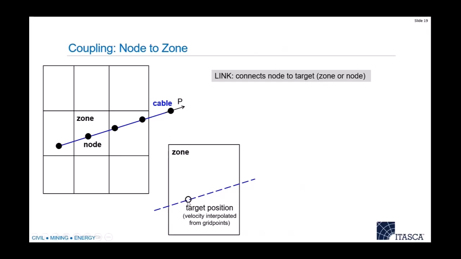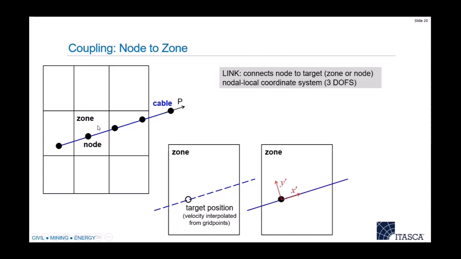So FLAC2D will take the target position of that node, and you would think this is pretty easy, just find the one zone that it encompasses. The problem that gets harder is maybe you have 10 nodes within this one zone. Do they all connect to it? Probably. It's a bad way to model, but that has to be sorted out.